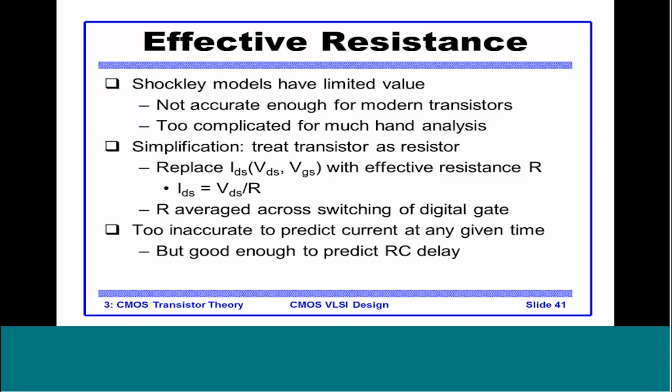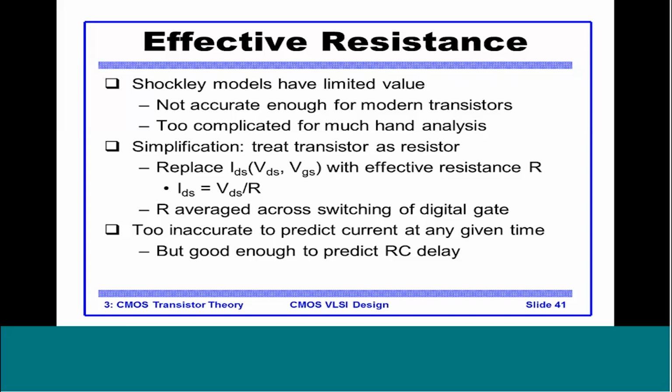But for study's sake, let's devise a technique where we treat a transistor as a resistor. As we saw, in linear mode, it actually exhibits such functionality where IDS linearly varies with VDS. So using Ohm's law, we say that IDS is equal to VDS by R, where R is the average value across switching of the digital gate. Obviously, again, this is an idealized model and it is inaccurate to predict current at a given time.